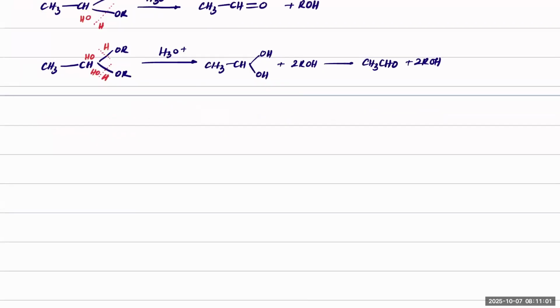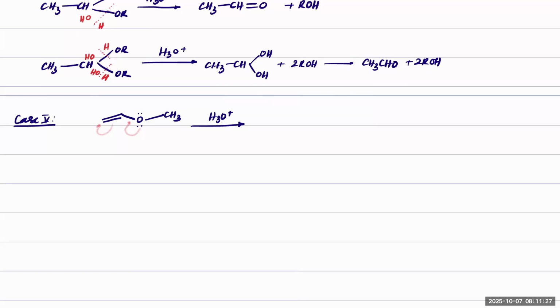Case 5 is when you have to deal with vinylic groups like this. Whenever we have a vinylic group and hydrolysis happens, the lone pair is always in resonance like this, because it is under resonance with that double bond character.